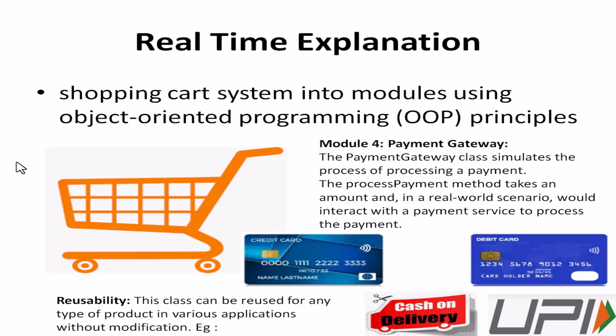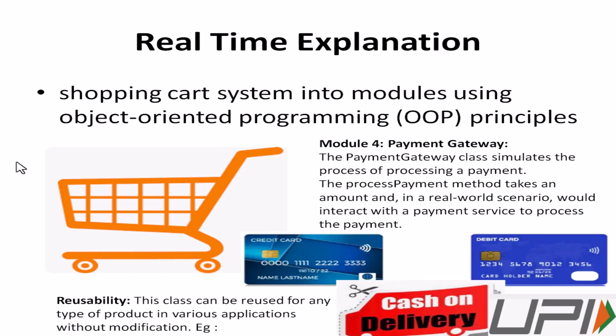Cash on delivery is an option given to the customer. So these three options were available previously. Later on, UPI came into existence. Without creating an entire project, you can add a module such as UPI, so that a person can select the UPI option and the entire code is reusable.